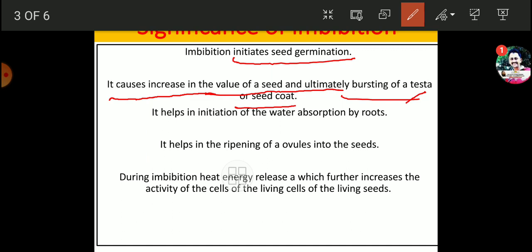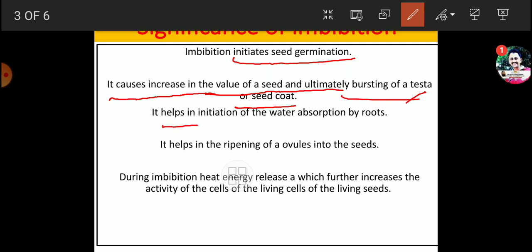The hard seed coat swells because of absorption of water by the seed, is unable to accommodate that volume, and the seed coat bursts, and it helps in germination. So bursting of the testa is only possible because of imbibition.